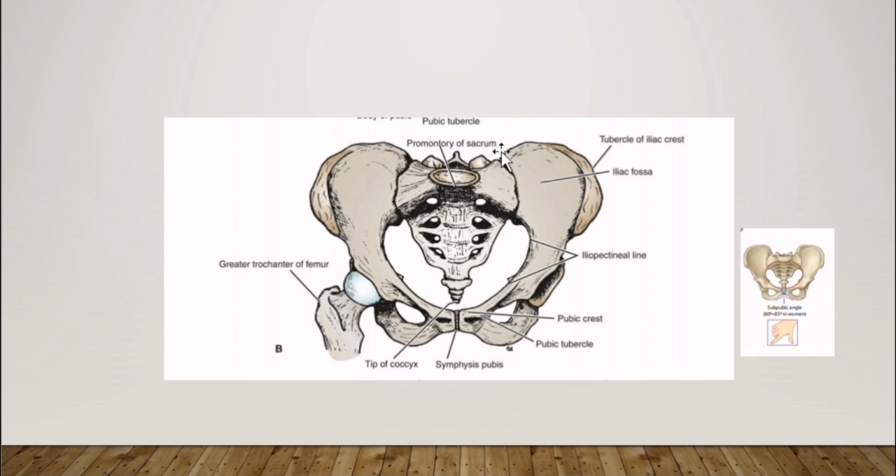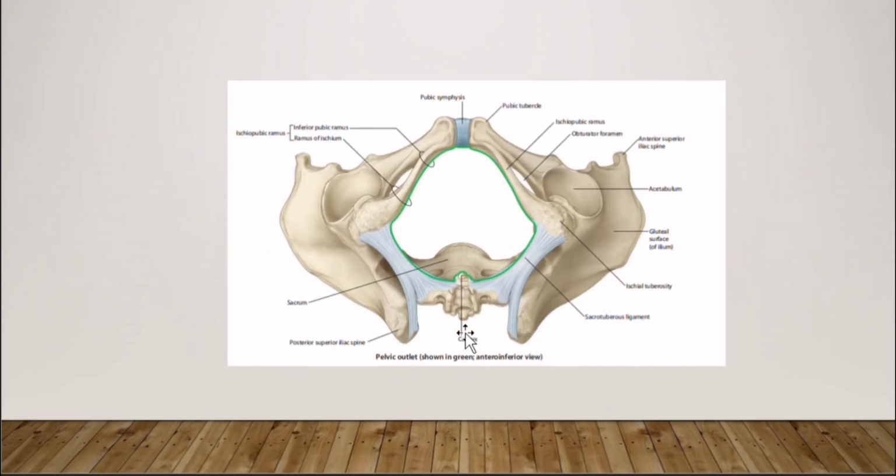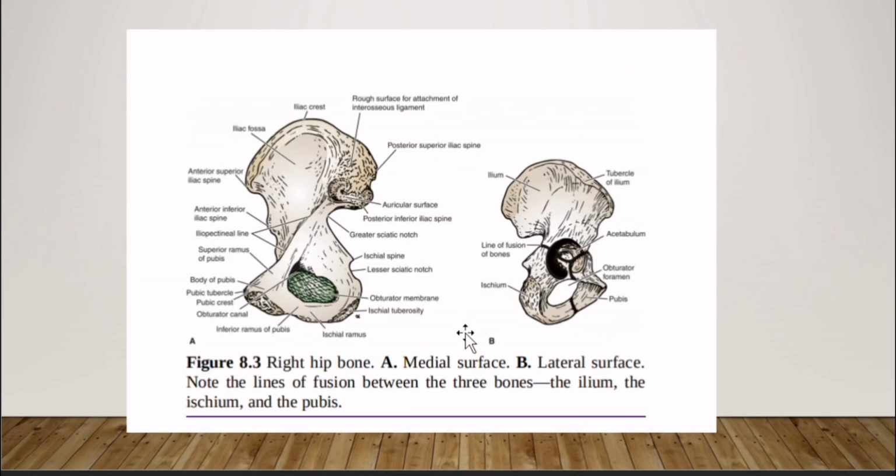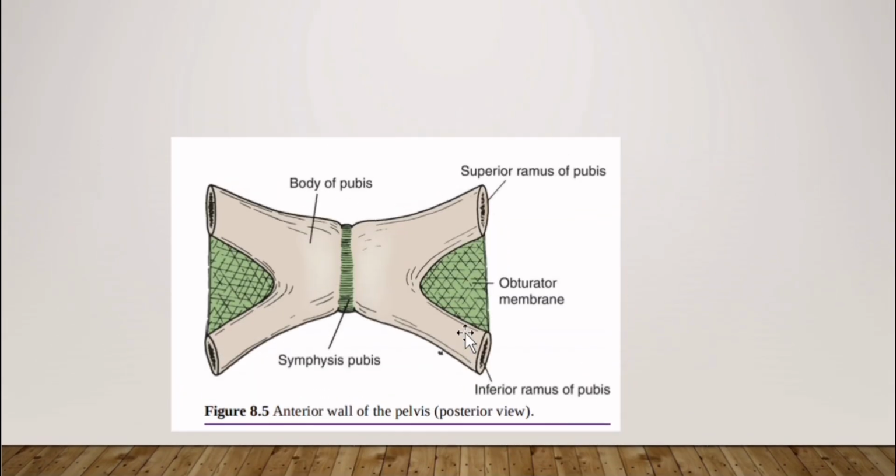So the only important thing about the false pelvis is it supports the gravid uterus as it ascends from the pelvic cavity to the abdominal cavity. Kind of supports it temporarily, maybe during the 3rd month. That's its major importance. But other than that, the false pelvis does not have any important function. Okay.